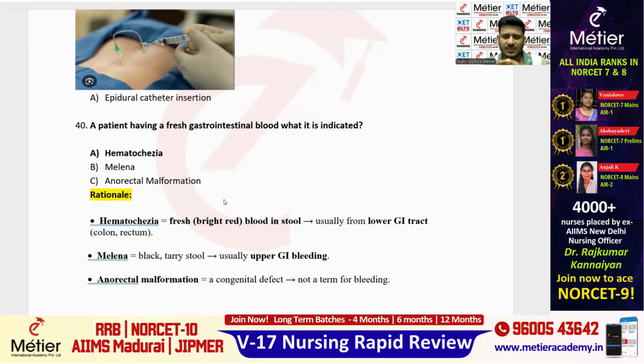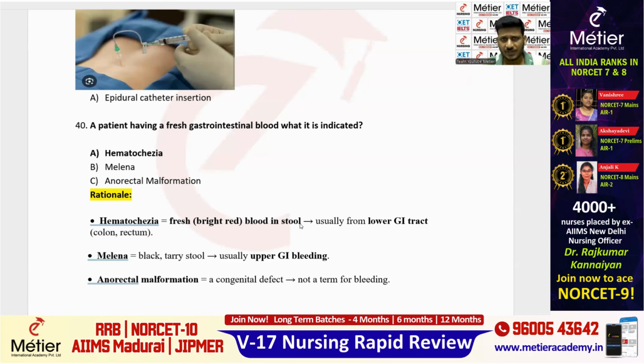Okay, there is a small correction. Hematochezia is not from the upper GI bleeding. Hematochezia is from the lower GI bleeding, guys. Small correction. So hematochezia means fresh bleeding because of some problem in the lower GI.